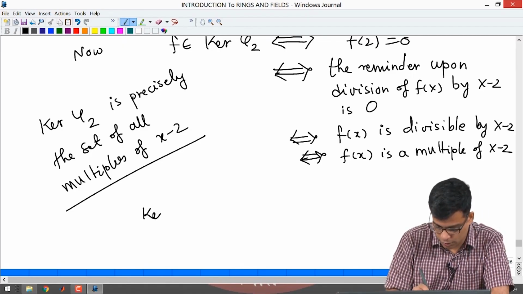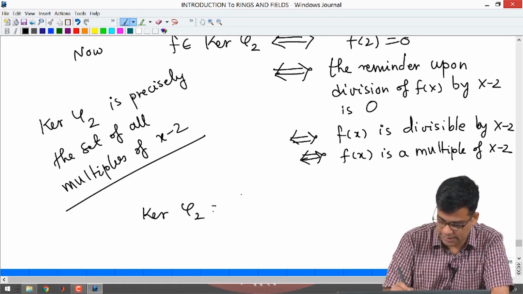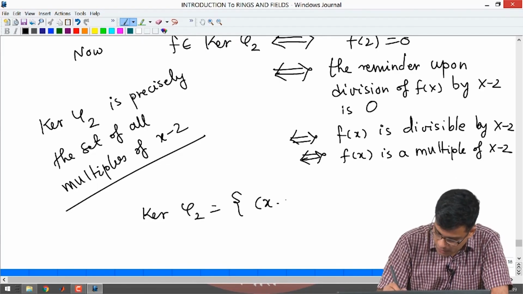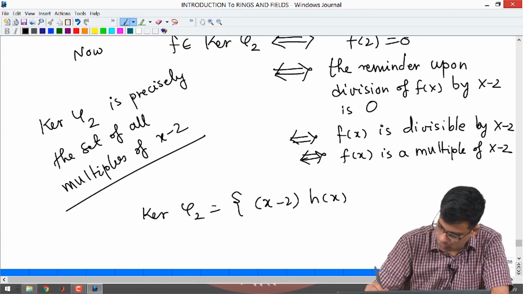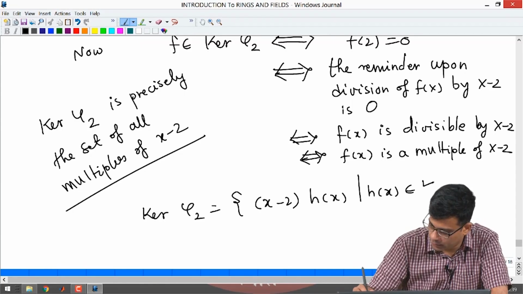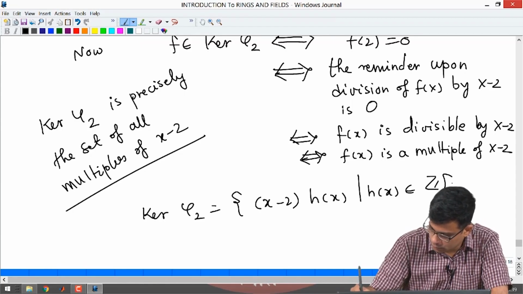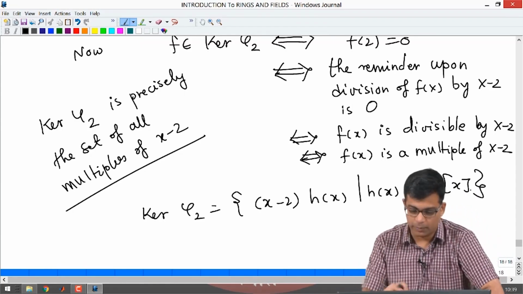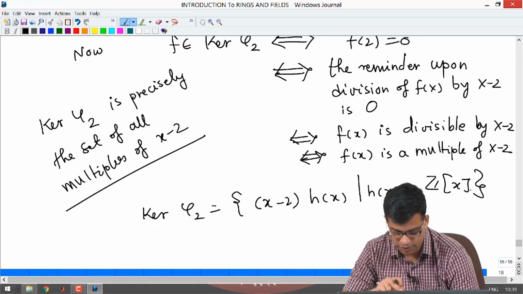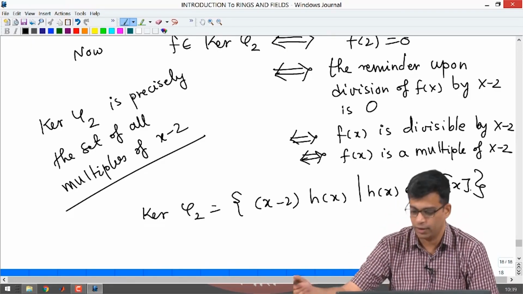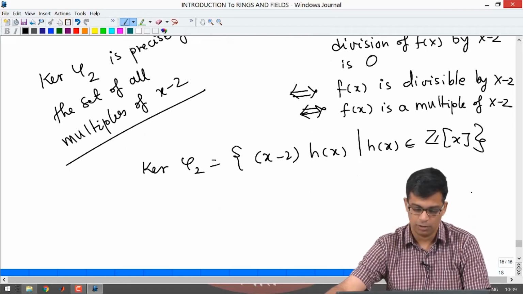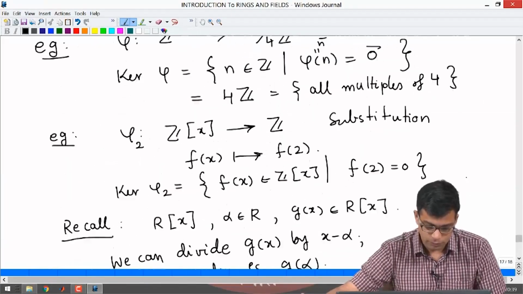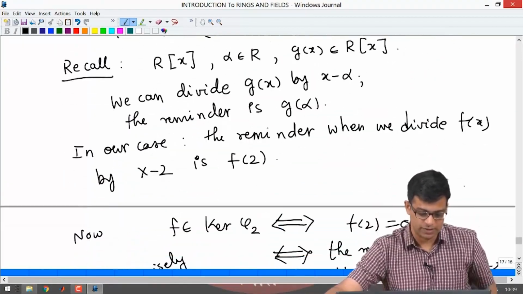I can write it like this: the kernel of phi 2 is exactly x minus 2 times h(x), where h(x) is any arbitrary polynomial in Z[x]. Multiple of x minus 2 means x minus 2 times an arbitrary thing. So, that is how we describe the kernel of phi 2. So, kernels have this nice form.